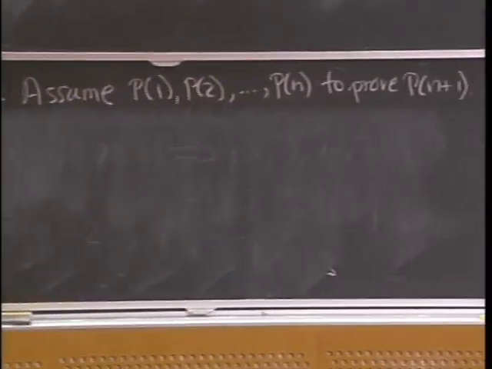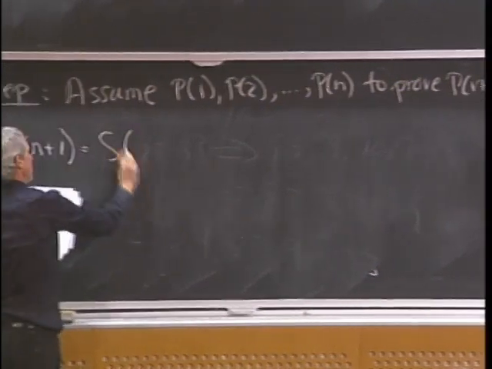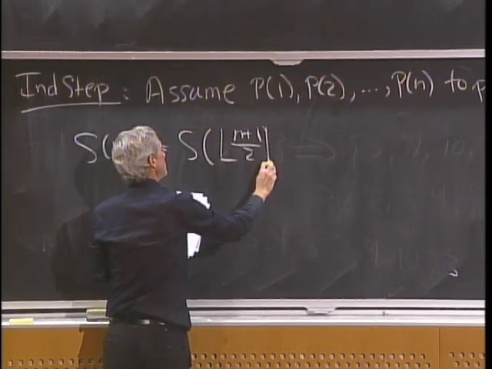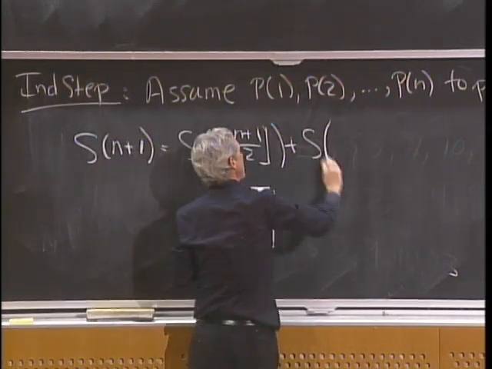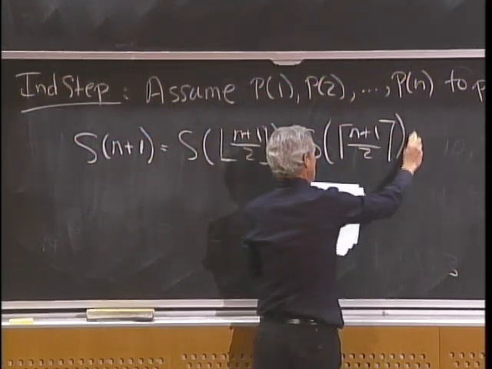And then we look at the n plus first term. That equals S of floor of (n plus 1) over 2, plus S of ceiling of (n plus 1) over 2, plus 1.